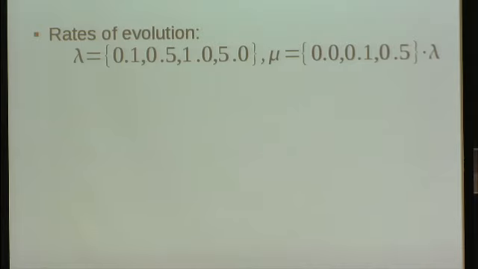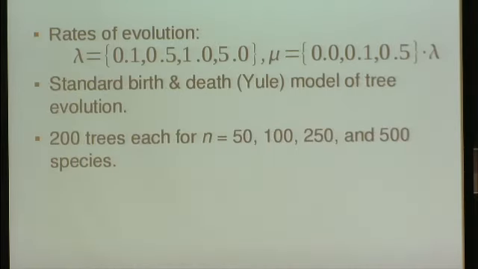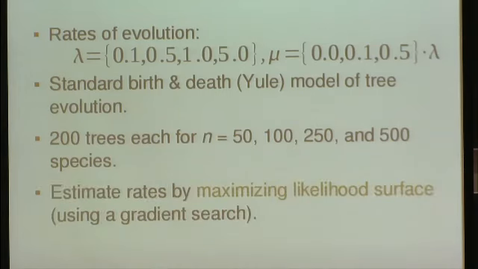So we have 12 combinations of lambda and mu values, and I use those to generate trees, again with the standard birth and death model. In each of these 12 cases, I generated 200 trees for 4 different numbers of species. So we have 48 different test cases here. Then I did our rate estimation calculation by maximizing this likelihood surface, and you can see how close you get back to these original values.